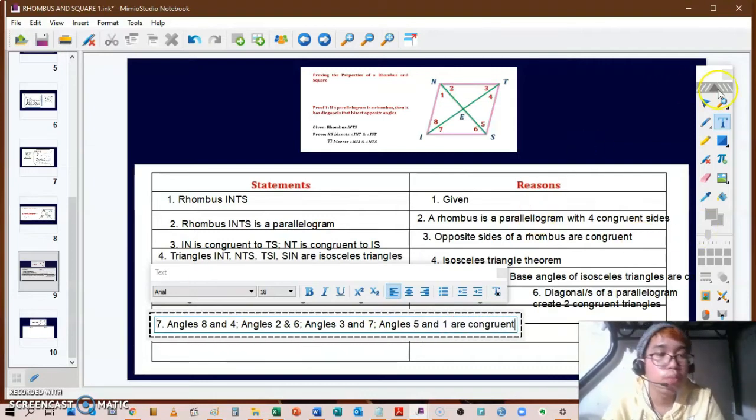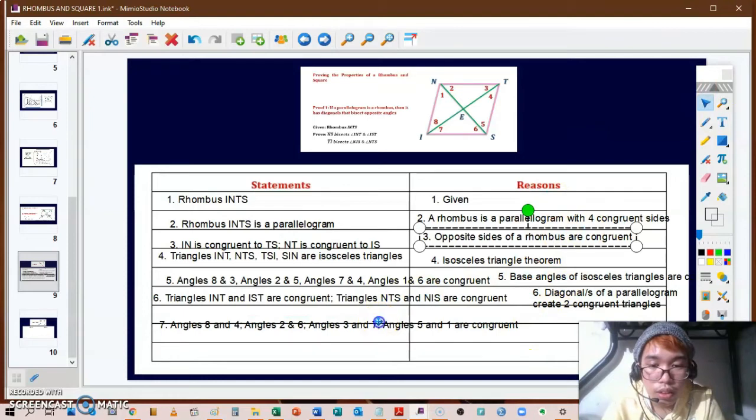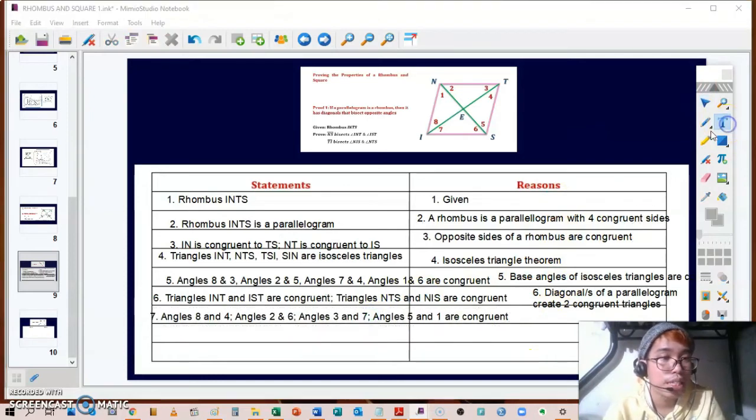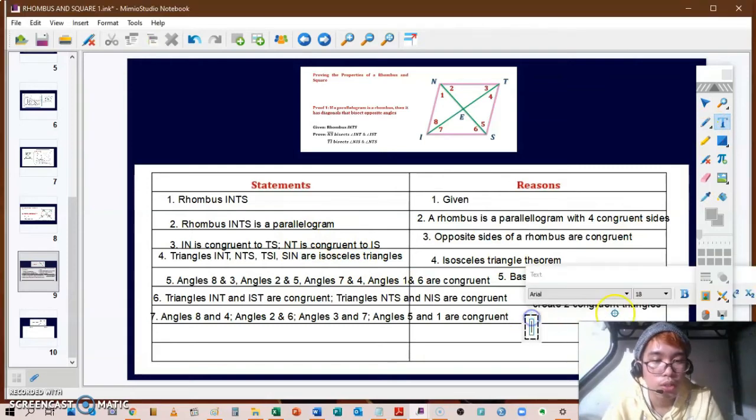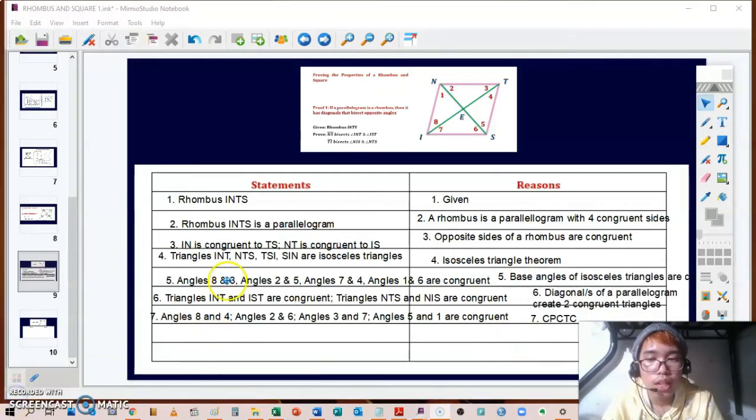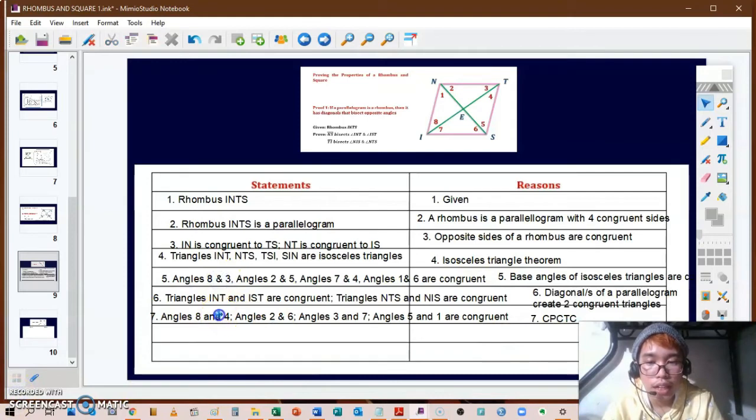They're congruent because of CPCTC. We've already established that the two pairs of triangles are congruent. Therefore, their corresponding parts must also be congruent. So guys, if you notice, we have here 8-3 and 8-4, 2-5 and 2-6, 7-4 and 3-7, and 1-6 and 5-1.